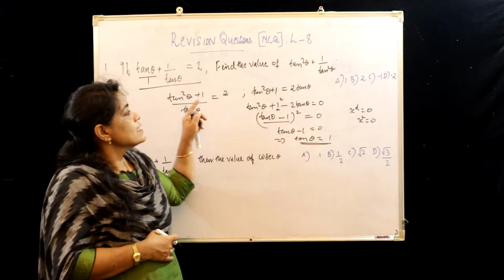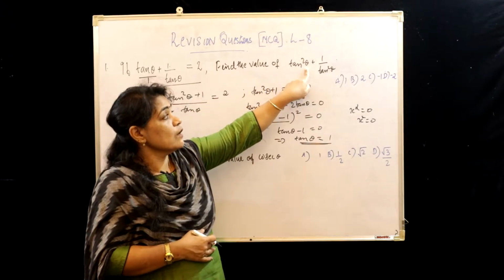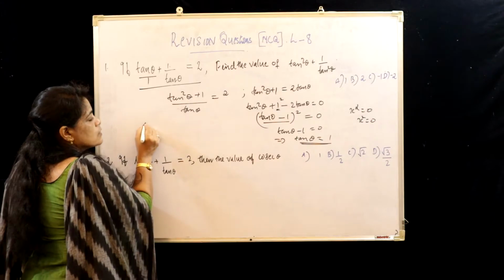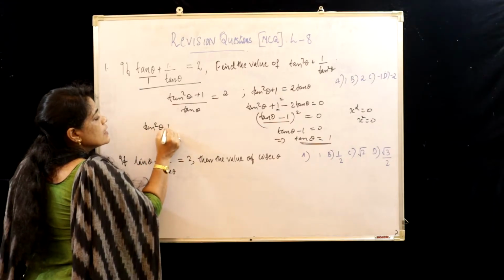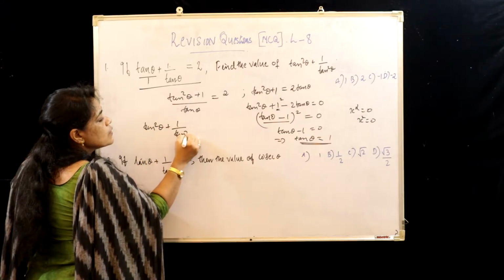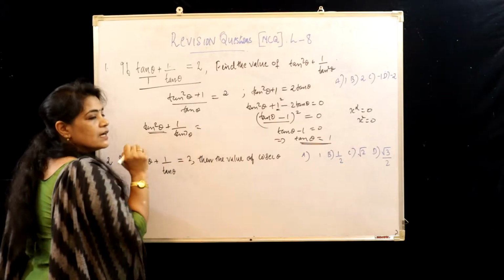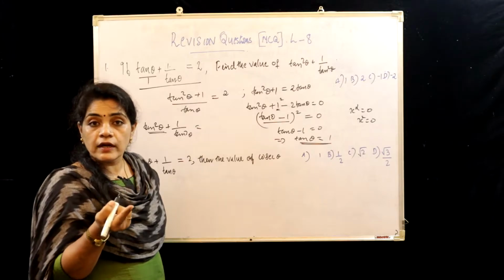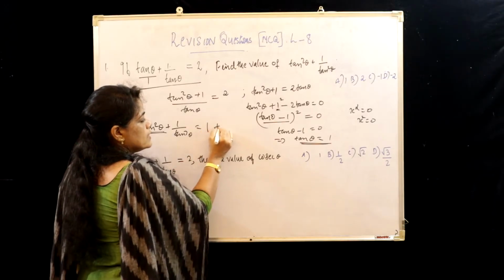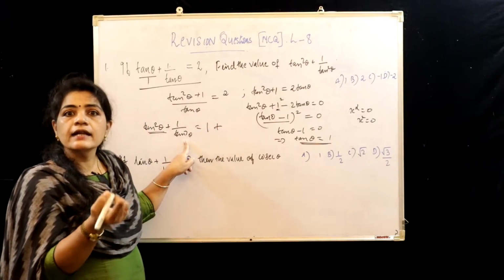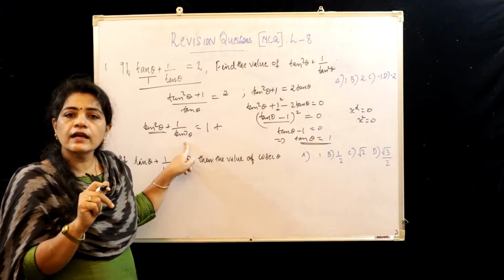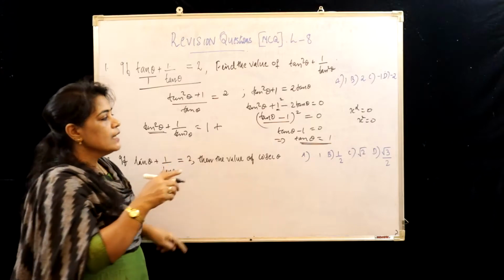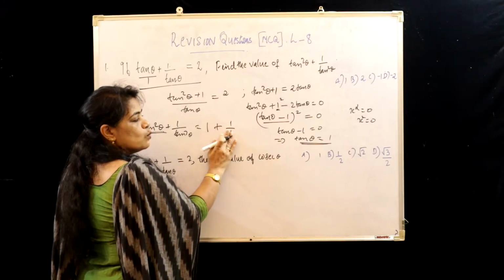Now we have to find tan square theta plus 1 by tan square theta. If tan theta equals 1, then tan square theta is 1 square, which is 1. So 1 plus 1 by tan square theta, and we can substitute tan square theta as 1, so 1 by 1 is 1.